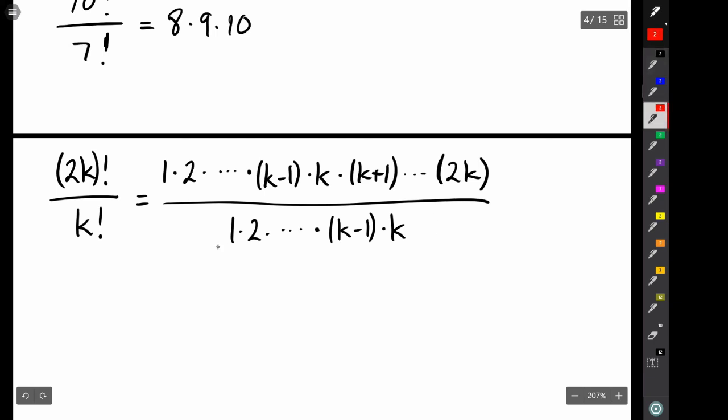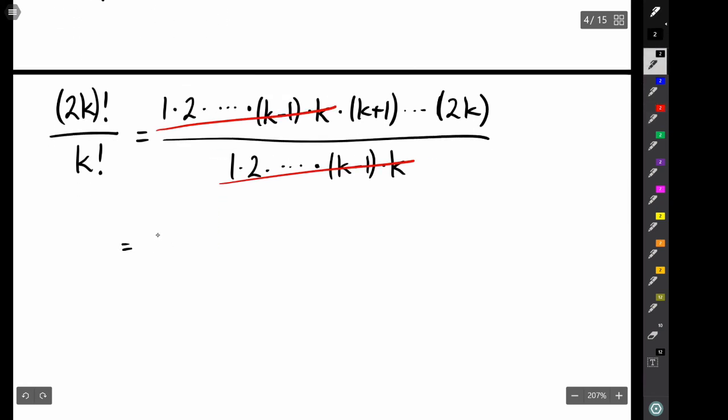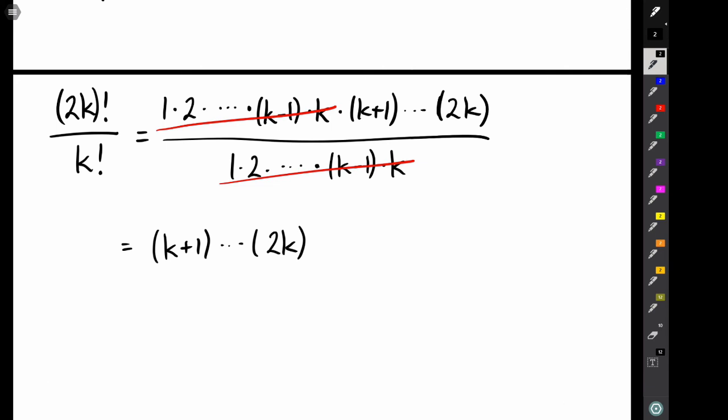So all of this stuff cancels all of that part, but it leaves the rest out there. What's left over is k plus 1 dot dot dot through 2k. So we multiply everything from k plus 1 onward. Again, the idea is when we have a quotient of factorials like this, you ask which one is the larger number? 2k is larger here.